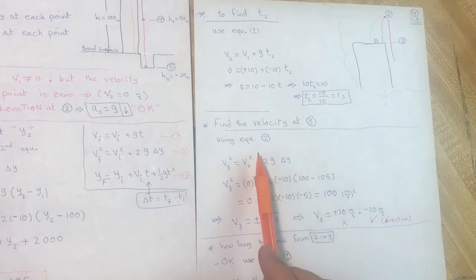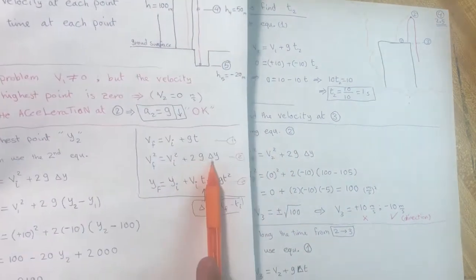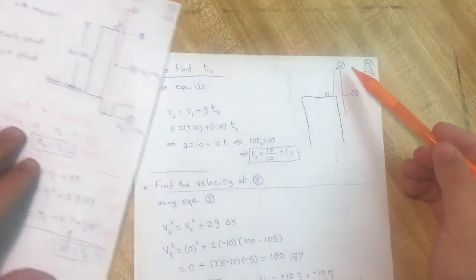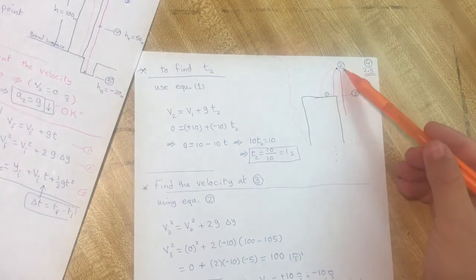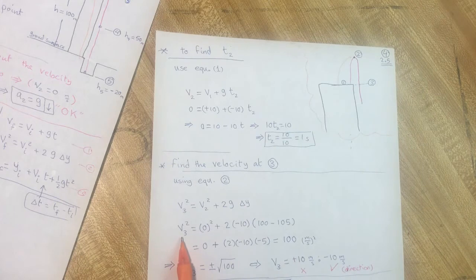Equation number 2: V final squared is V initial squared plus 2G delta Y. V final now is V3. V initial is V2. V2 is equal to 0, if you remember that. So V3 is required to be solved.